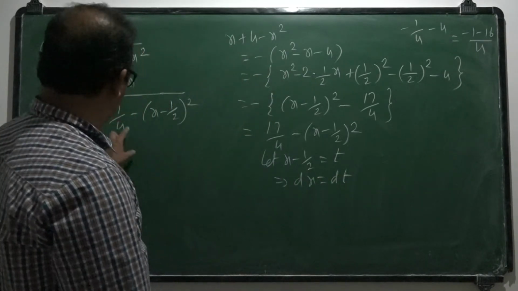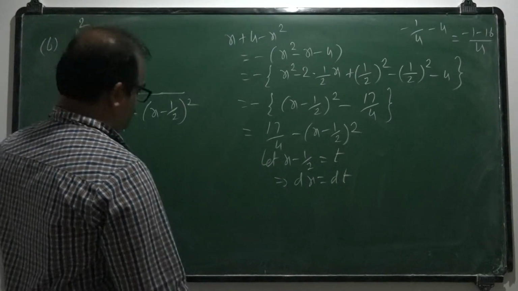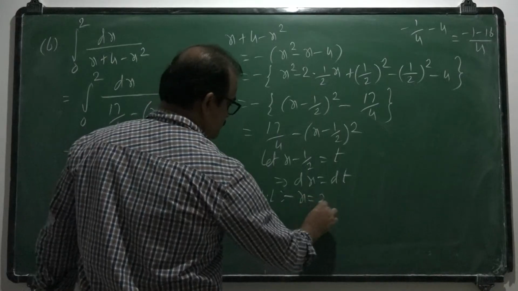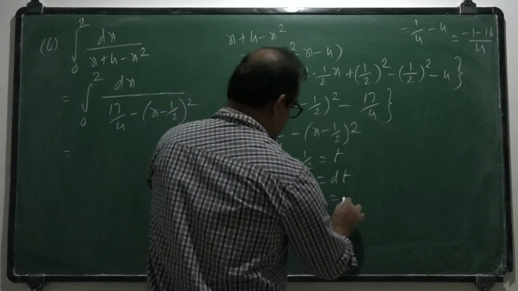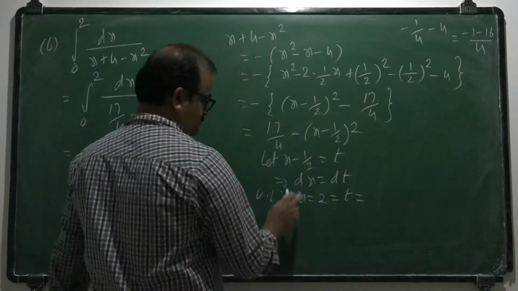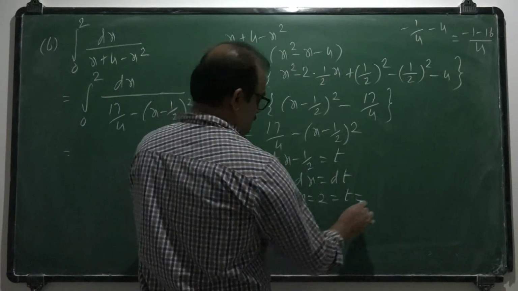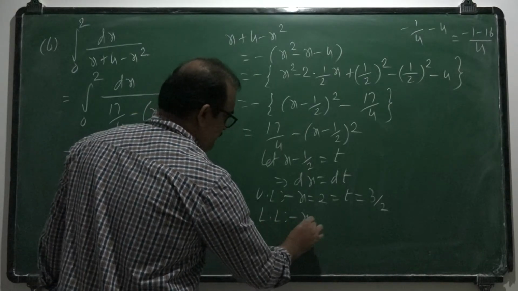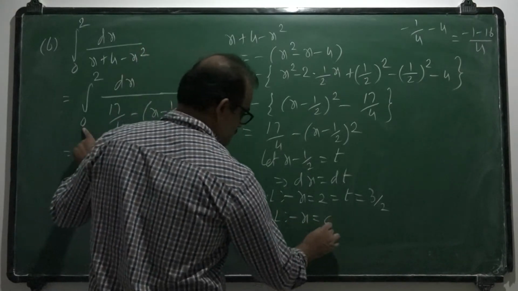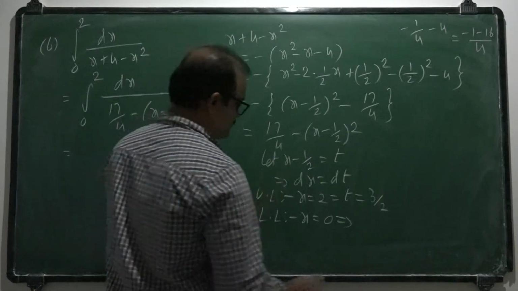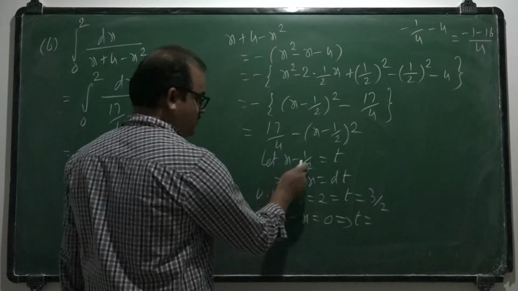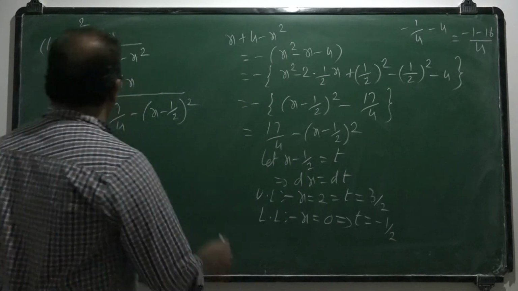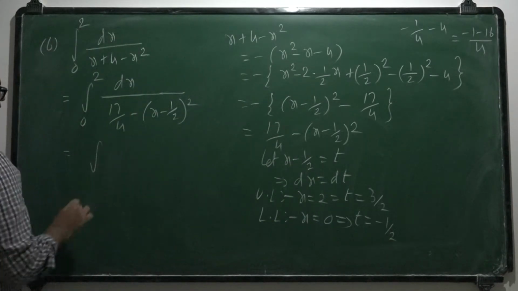Now write the limits to the variable t. What is the upper limit? x is equal to 2. When x is equal to 2, what is the t value? 2 minus 1 by 2, 3 by 2. Lower limit, x is equal to 0. When x is 0, the t value is 0 minus 1 by 2, minus 1 by 2. Now write this in terms of t.